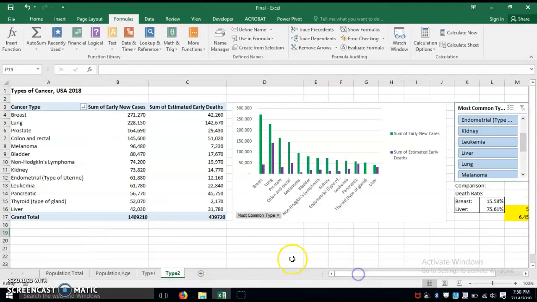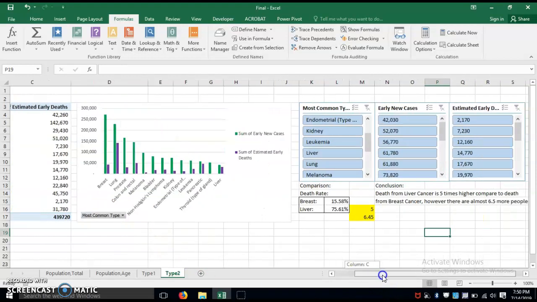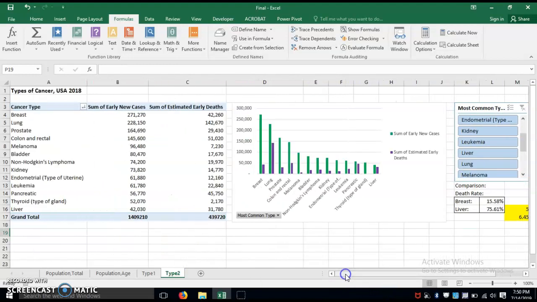Another thing I analyzed here, since the survival rate relates to the death rate. Here I want to show the columns, because they help us see visually the survival rate, I mean the most common cancer types and the survival and the estimated death rate here.